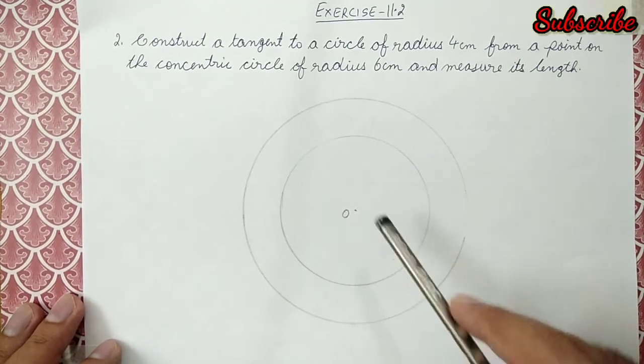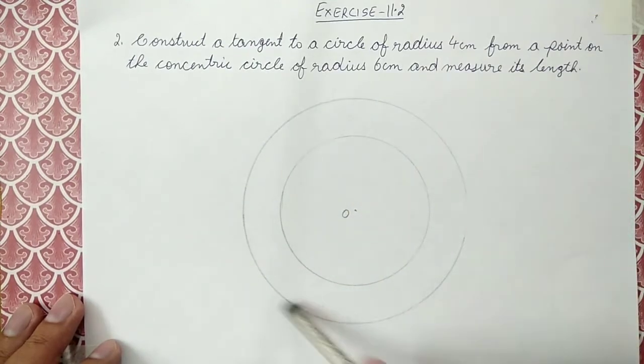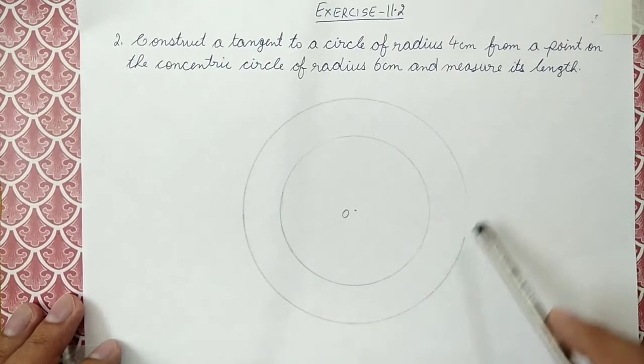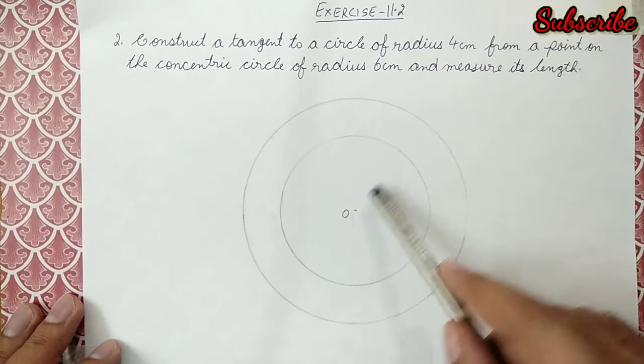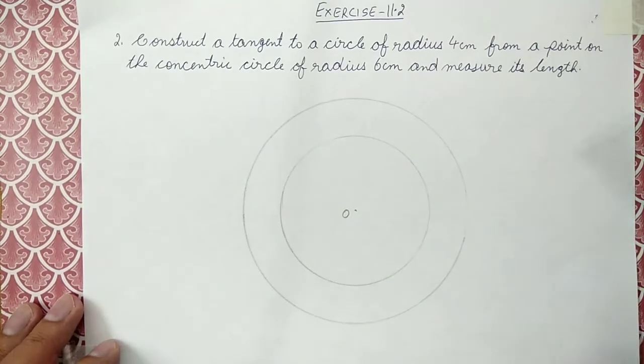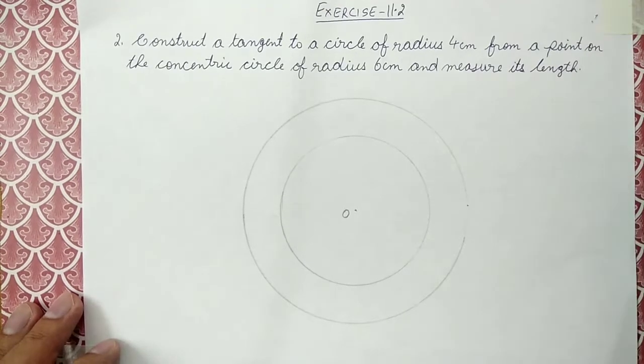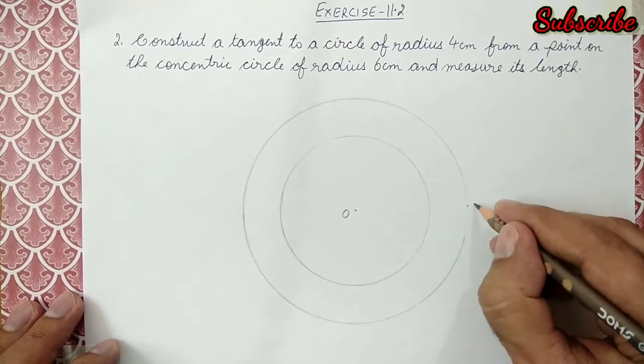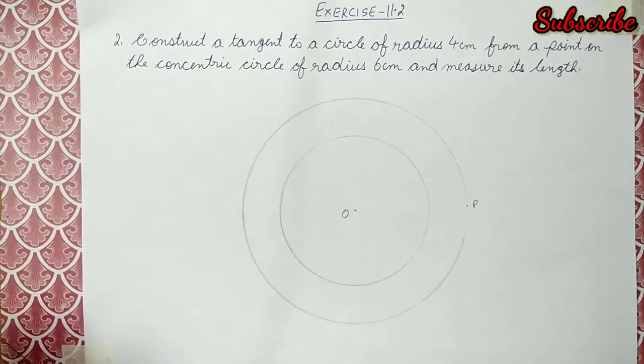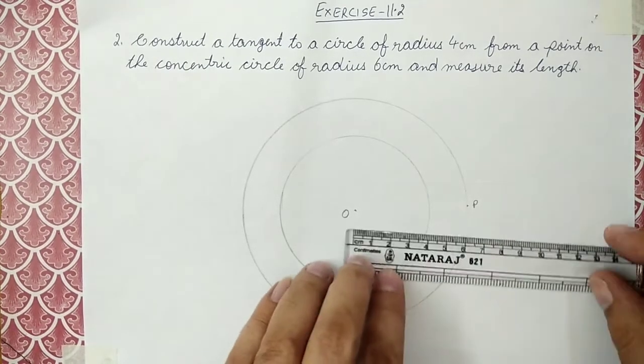Now, what we have to do, we have to take a point on this circle, that is the outer circle, and from there we have to draw tangent on this smaller circle. So we take a point here somewhat. It's your choice, you can take this point anywhere and mark this point as P. Right, now we join them.